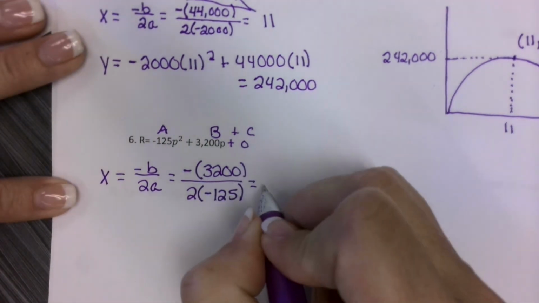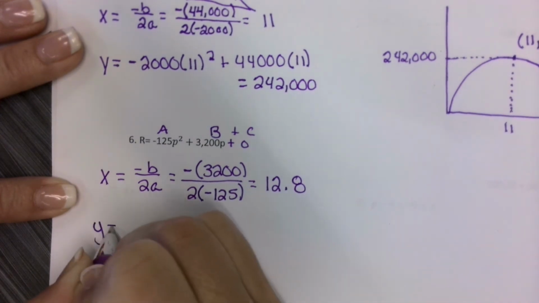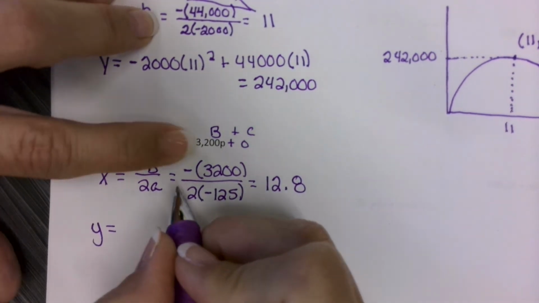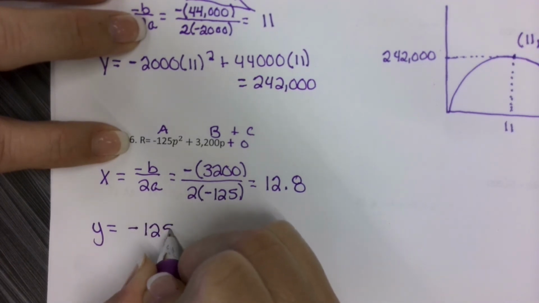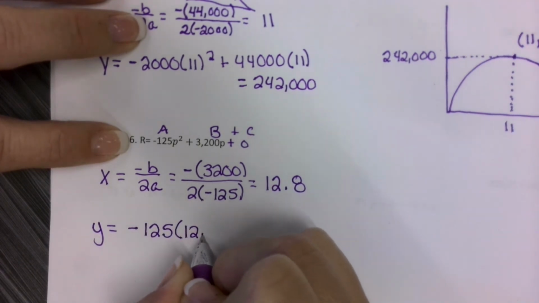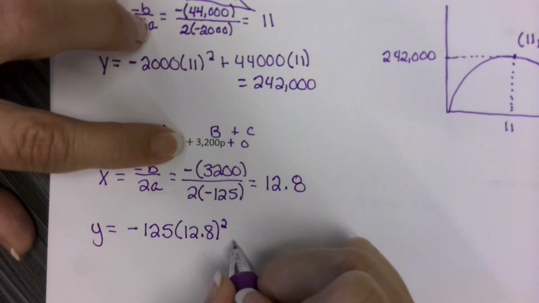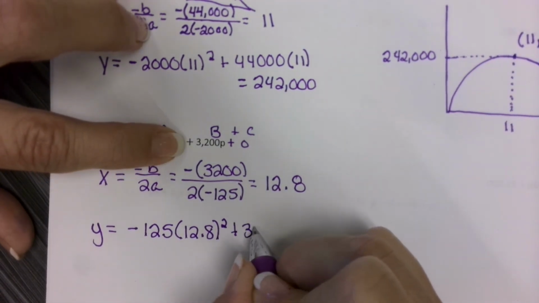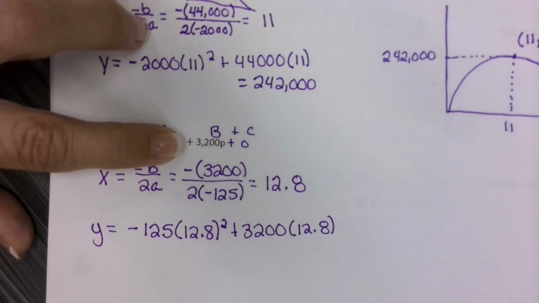I'm going to plug and chug, and I'm going to plug that in for p, and I get negative 125 times 12.8 in parentheses squared plus 3,200 times 12.8.